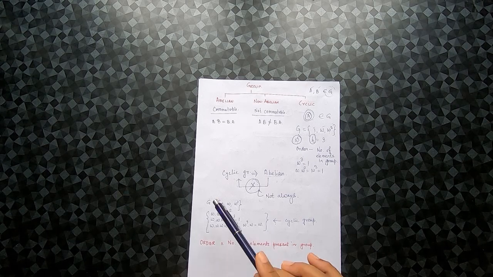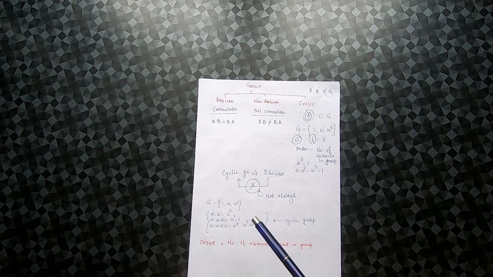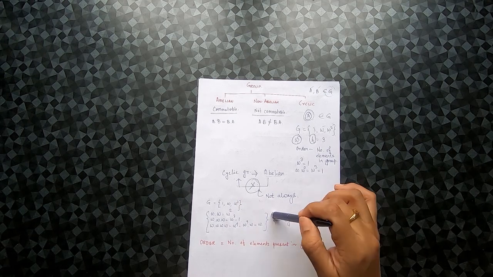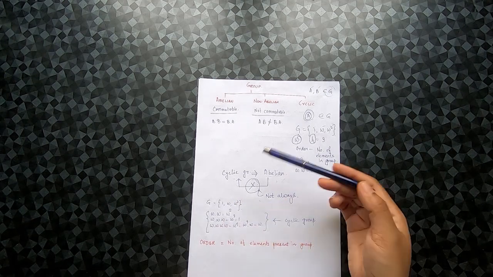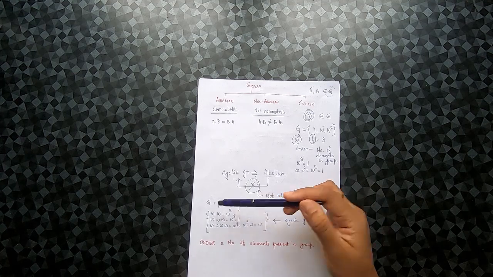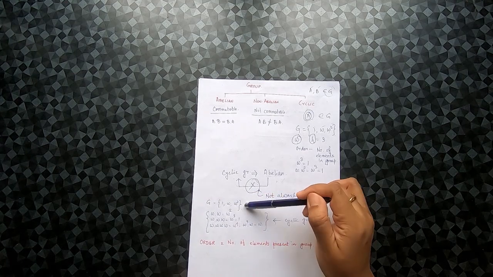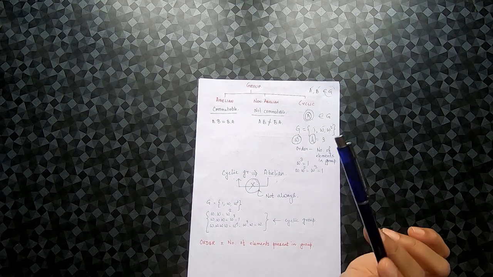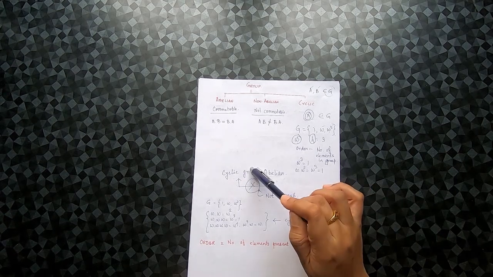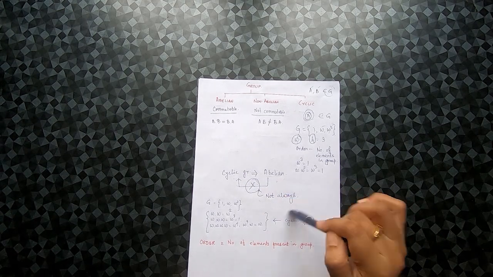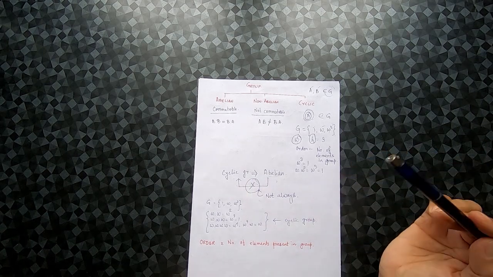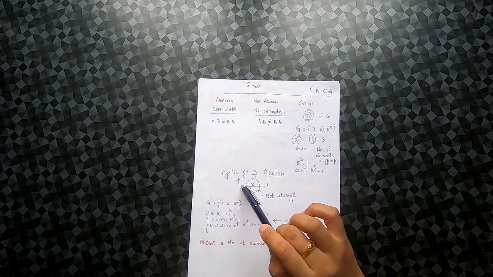That means 1, omega and omega square, only these three elements are possible with respect to any of these elements. That's why this group is known as cyclic group. Okay, so all cyclic groups are abelian, but the reverse, that is all abelian groups, are not cyclic.